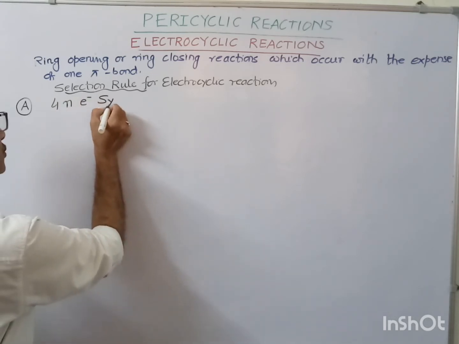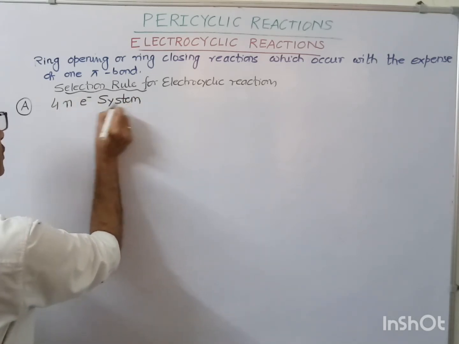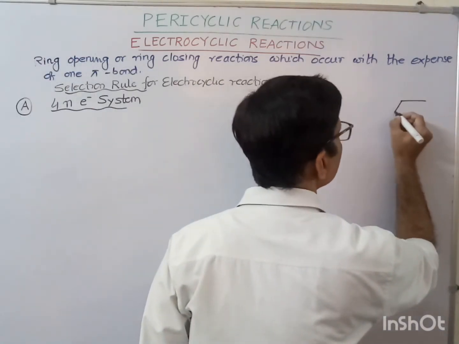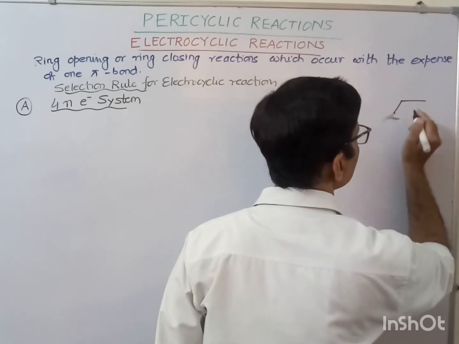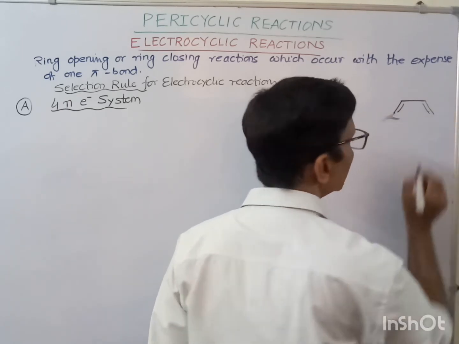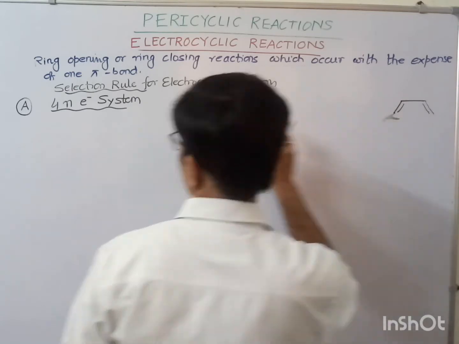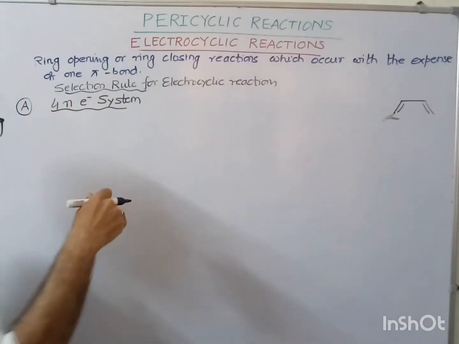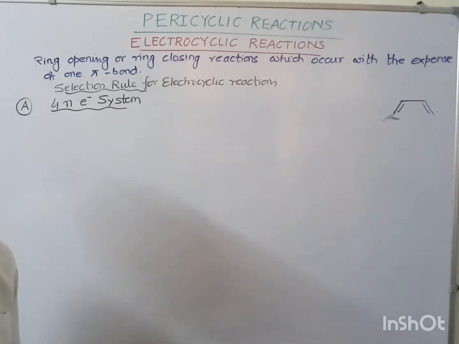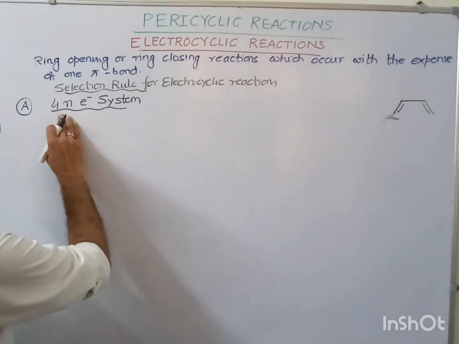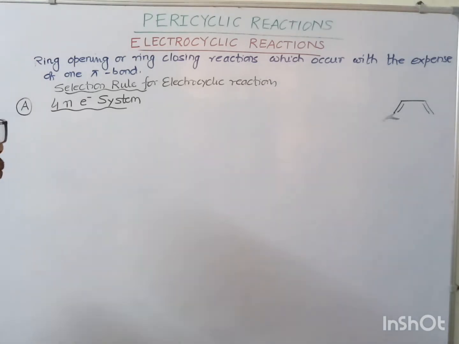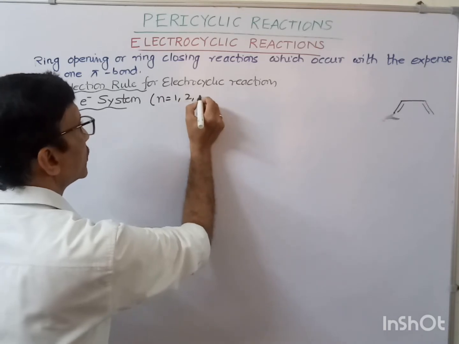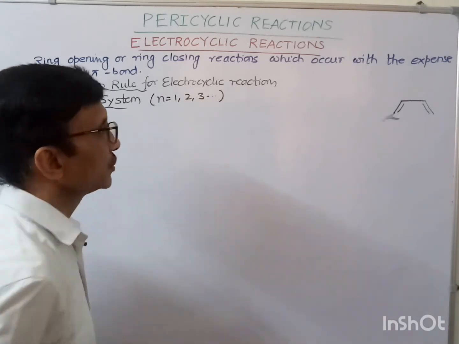Butadiene is a 4n electron system, where n may be 1, 2 and so on. For the 4n plus 2 electron system we may put n equal to 0, 1, 2 or 3.